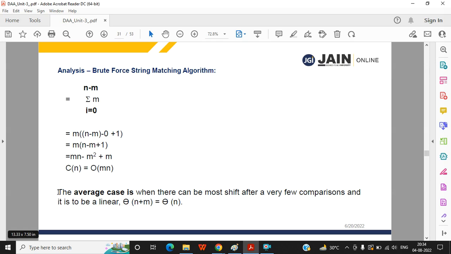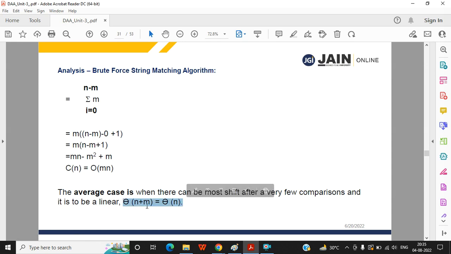I'm not understanding this sentence. The average case is when there can be most shifts after every few comparisons, and it is to be linear. It will be linear. Okay, no problem.